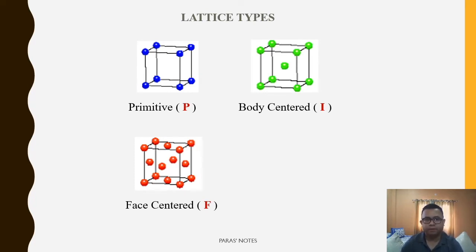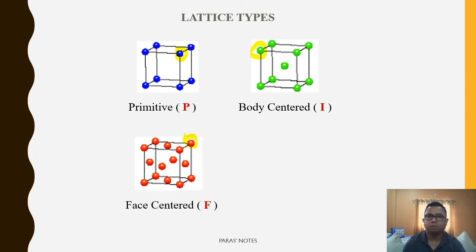Now let's discuss only these 3. These 3 are different from one another with respect to the arrangement of sites, the arrangement of crystal particles, points. Now when I told you a little while ago about points, I said that points means ions, molecules and atoms. What you see here in the diagrams, these blue dots, in the second one the green dots, and in the third one the red dots.